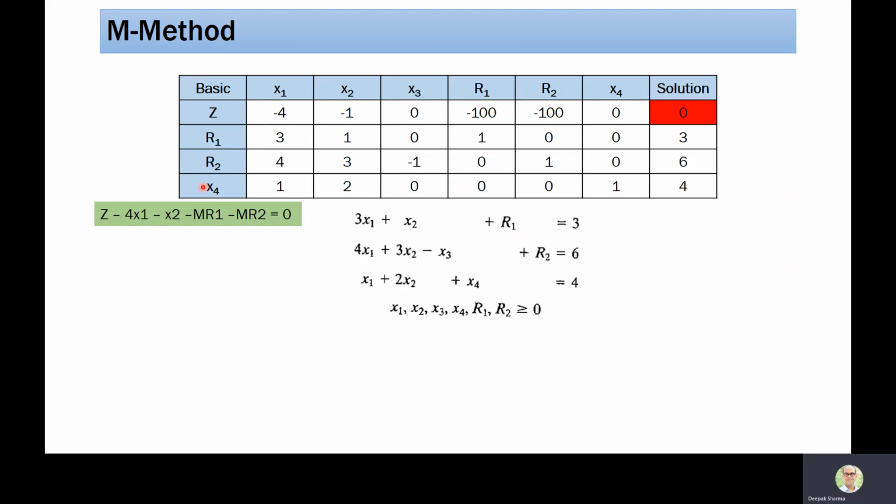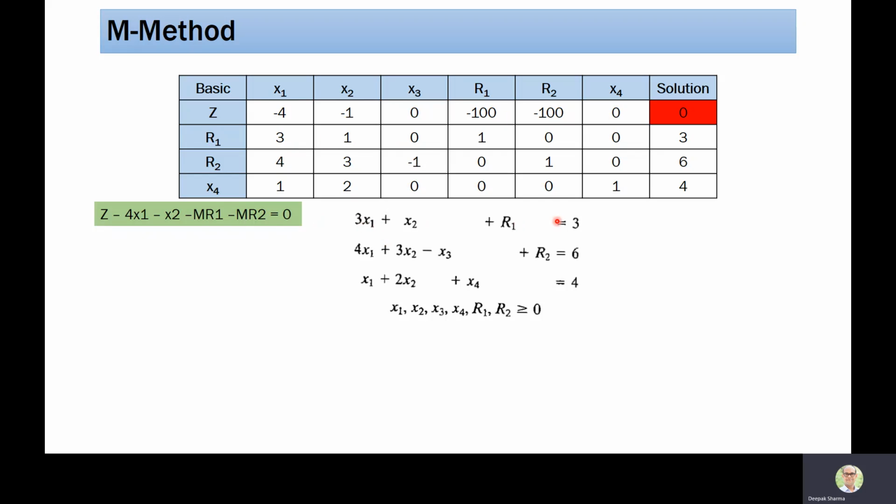As per our previous discussion on the simplex method, we are going to write the coefficients. The X1 coefficient is -4, then -1, minus m. So we have written -4, -1, 0, because there is no coefficient of x3 in the objective function. Then m is taken as 100, so -100, -100, 0, and the right hand side is 0.